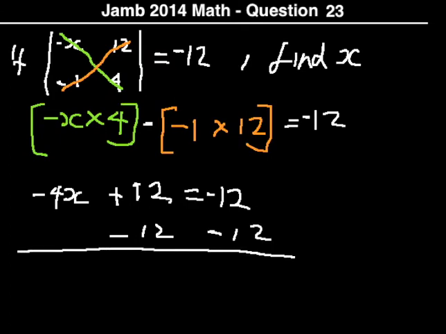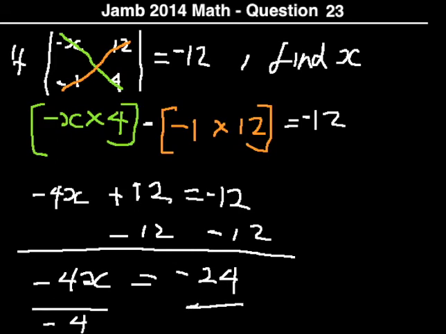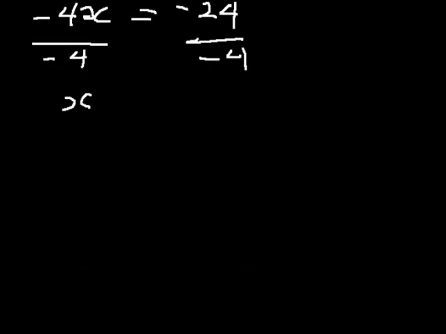And that's going to give us minus 4x is equal to minus 24. And based on that, we can divide both sides by minus 4. And that's going to produce x is equal to 6.